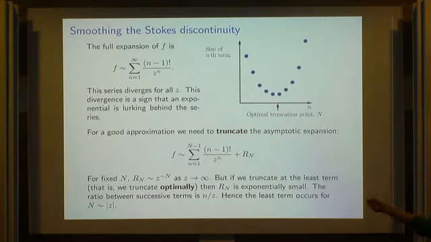And it's very nice and simple, which is why I chose this example. So you can see that this series has 0 radius of convergence. It's factorial of the power. So for any value of z, the series will diverge. And that divergence is a sign that there's an exponential lurking behind it.